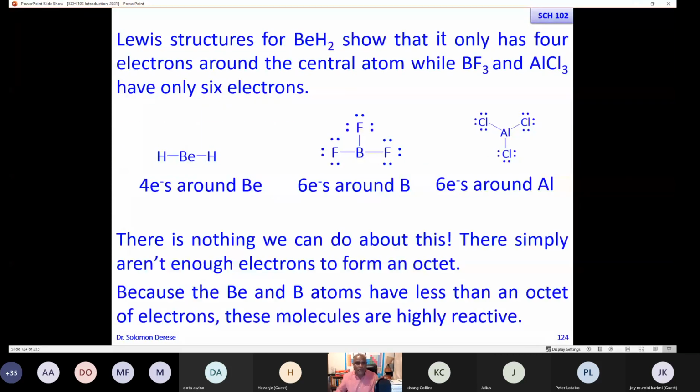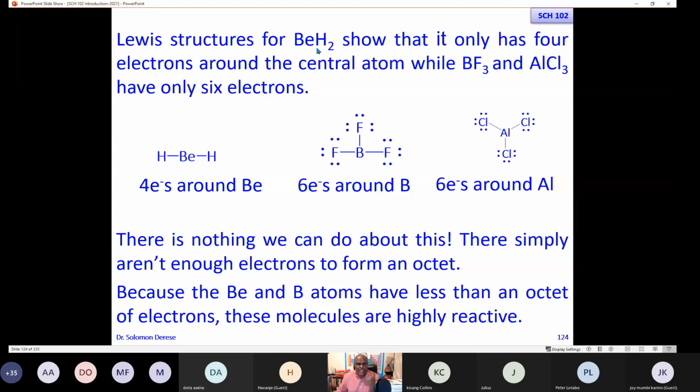For example, in the case of BeH2, beryllium has 2 electrons in its valence shell, and the 2 hydrogens contribute 2 electrons. 2 plus 2 is 4. The total number of valence electrons in BeH2 is just 4 electrons.